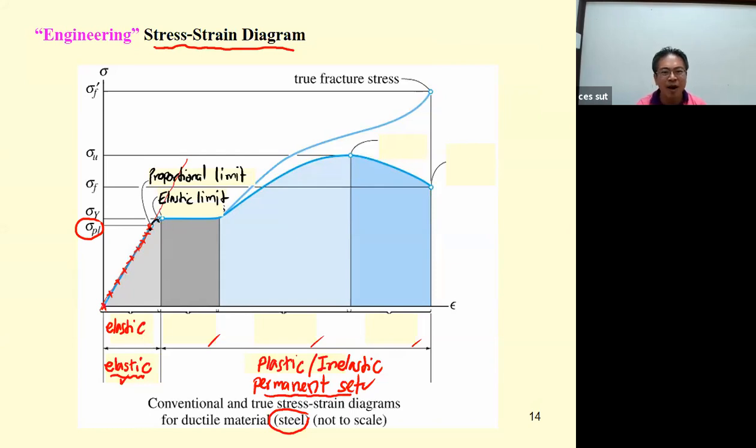The proportional limit and elastic limit are usually very close to each other, but in reality, it's going to have a big curve up here, when it starts the yielding region.